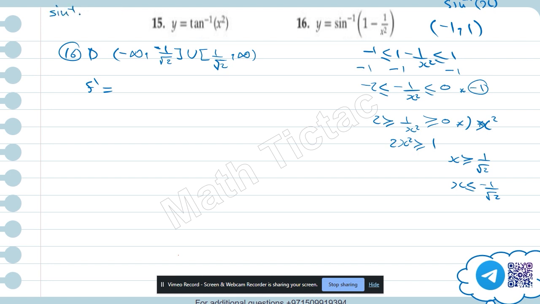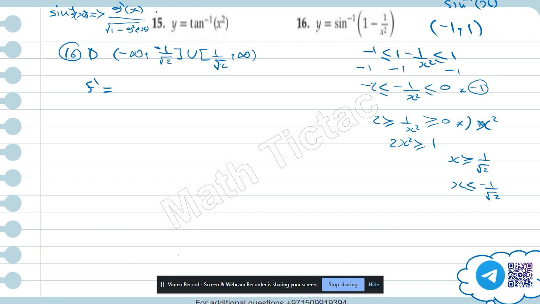The derivative of what is inside, the derivative of this function. The derivative of 1 is equal to 0. The derivative of -1 over x squared is equal to minus the constant, which is 1, multiplied by the derivative of the denominator, which is 2x, over the denominator squared, which is x to the power 4.